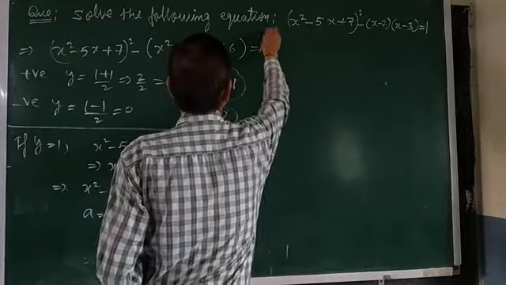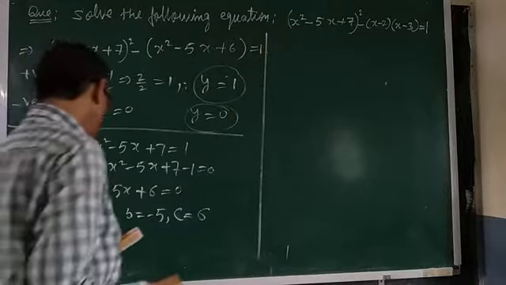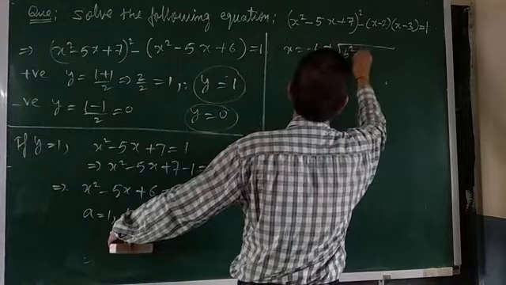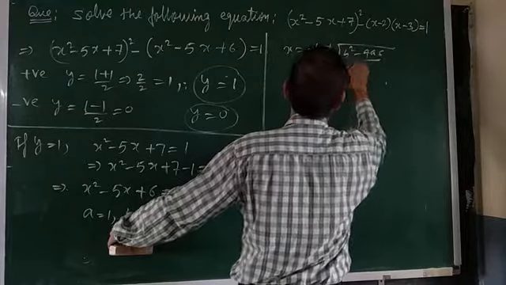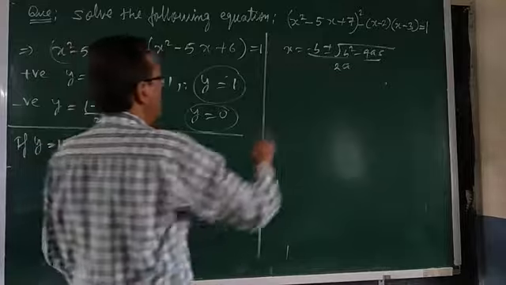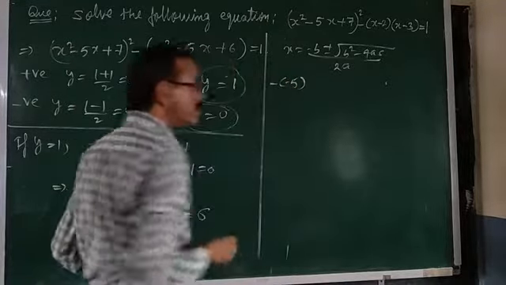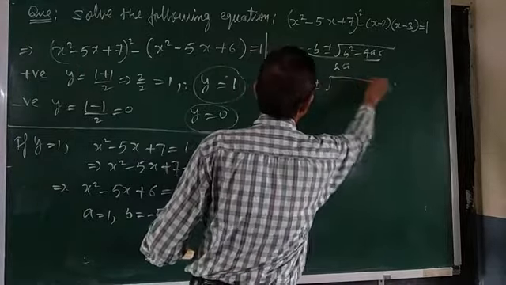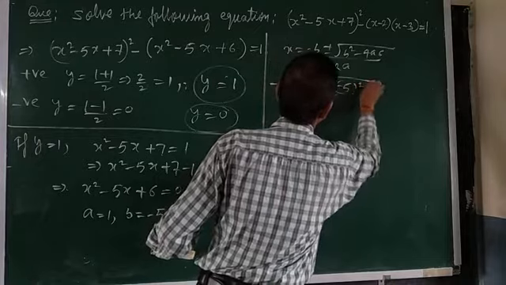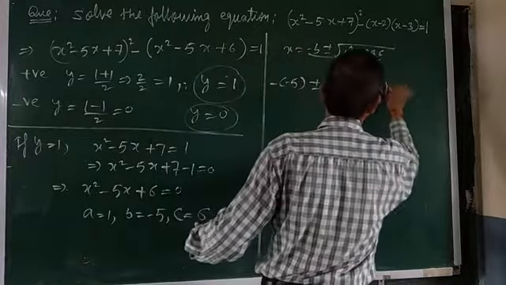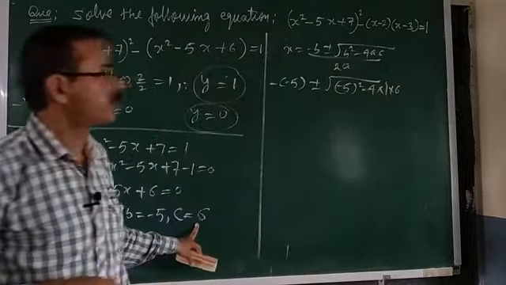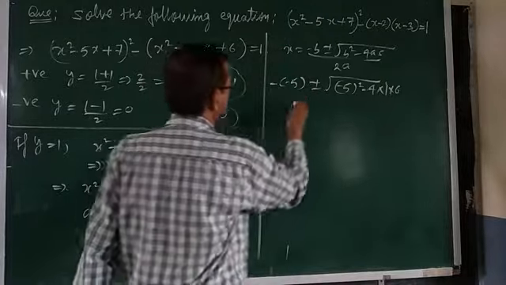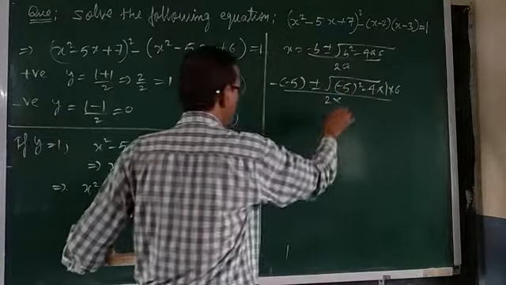We have to apply the formula. x is equal to minus b plus minus under root b square minus 4ac whole upon 2a. Put values: in the place of b, minus 5. x is equal to minus of minus 5 plus minus under root minus 5 whole square minus 4 into 1 into 6, upon 2 into 1.